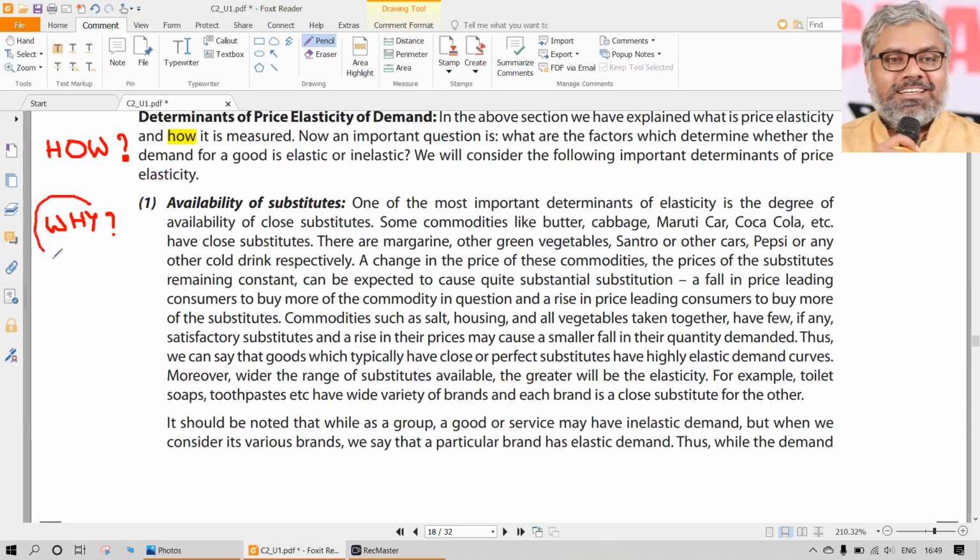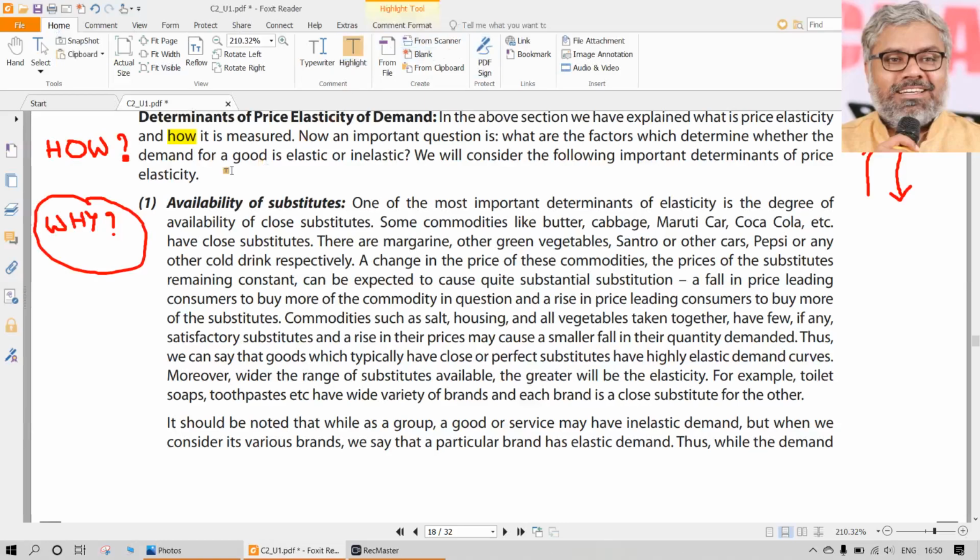Because of these causes, the price elasticity of demand can be high or low, whatever it may be. What are those factors? Let us understand them one by one. These are mostly conceptual, generic things rather than very technical.